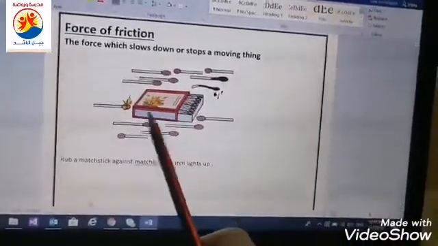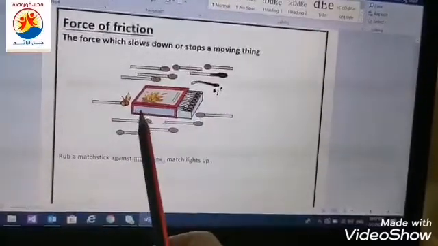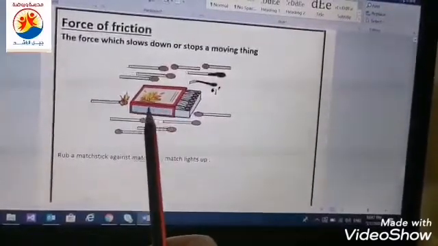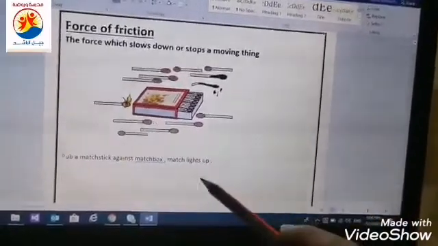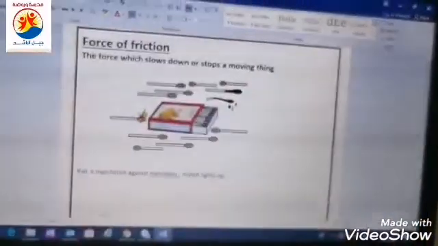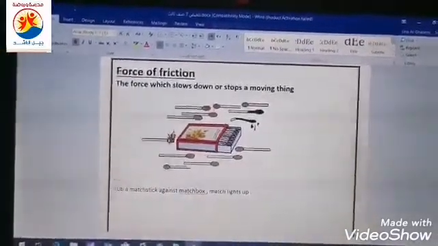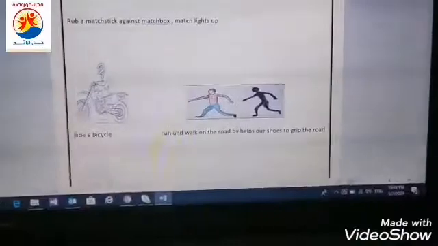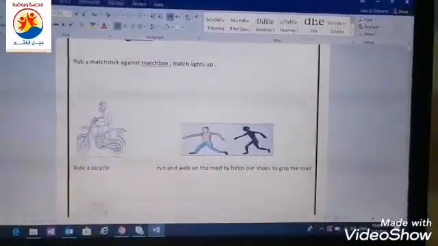If you take a matchstick and rub it here on the matchbox, the match will light up. Why? Because of force of friction. Okay, what are the benefits of the force of friction?